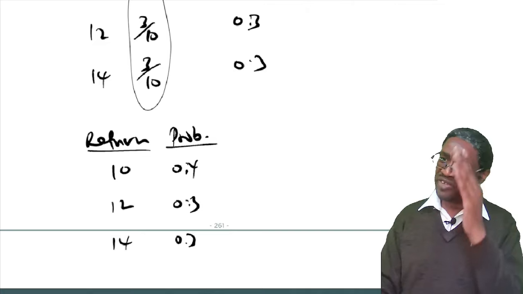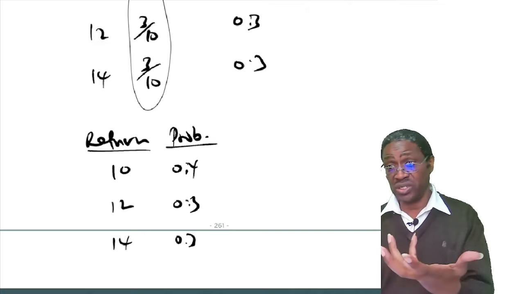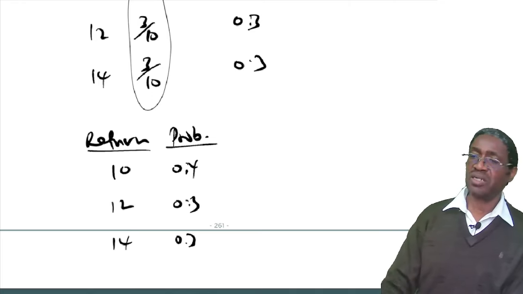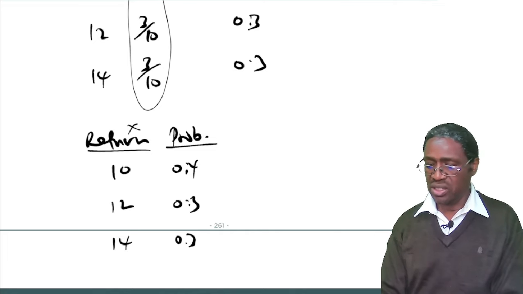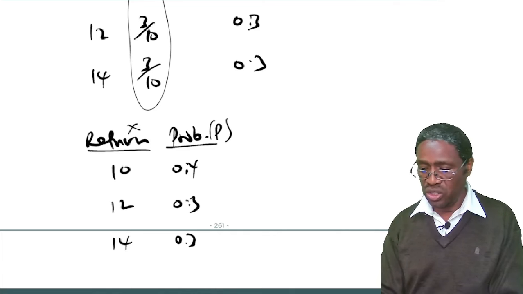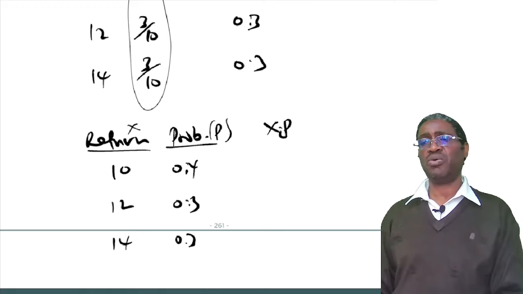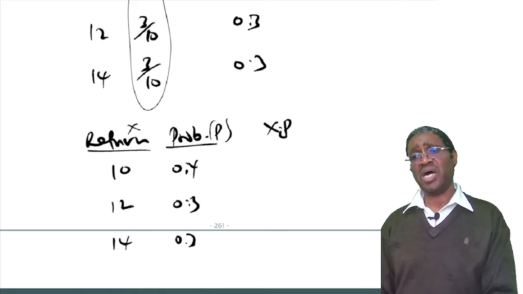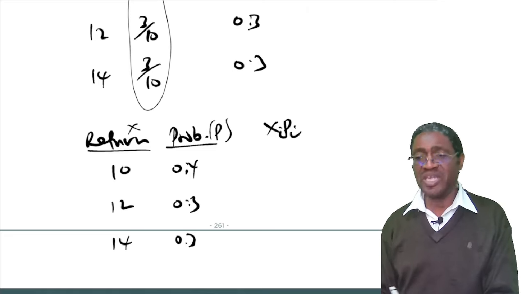So, I have just told you probabilities represent the frequencies. To get the mean, this is X and this is probability, let me represent it by P. You will multiply each return Xi by each probability Pi.